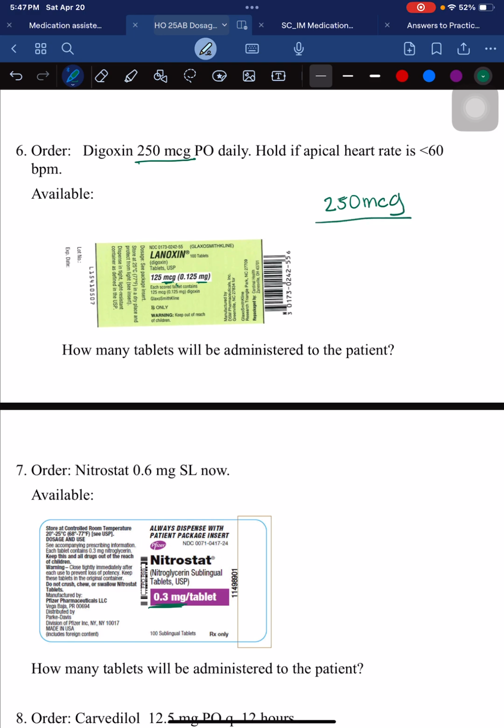The box is 125 mcg. The units match up, so therefore there's no conversion needed. You just need to divide it, and 250 divided by 125 is equal to 2, which means you give 2 tablets.